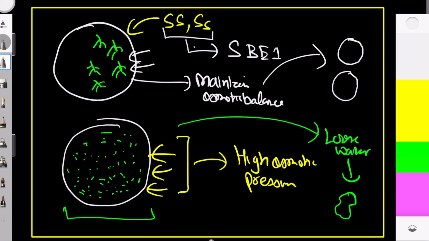So hopefully you have learned in this video how Mendel pea actually became wrinkled. So this is the molecular explanation how the Mendel peas became wrinkled.